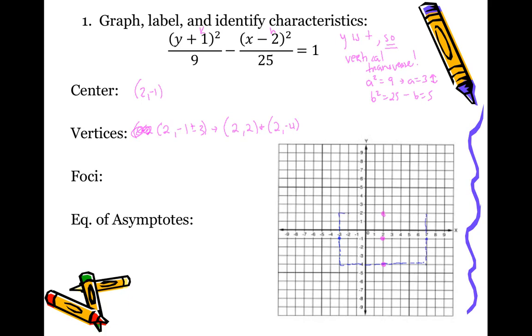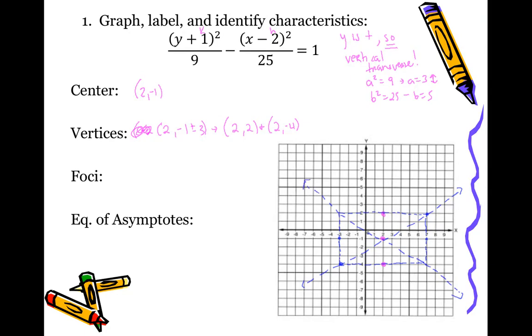And then here. So there's the box that I'm going to create. And if I connect the center and these 2 points on the corners, that's one of my asymptotes. And we will momentarily write the equations of it. Same thing here. There's my 2 asymptotes.